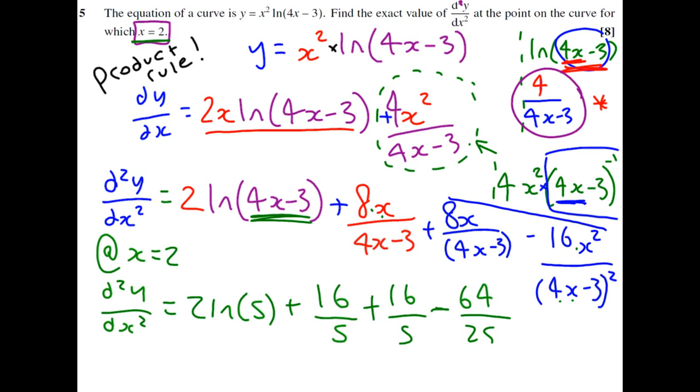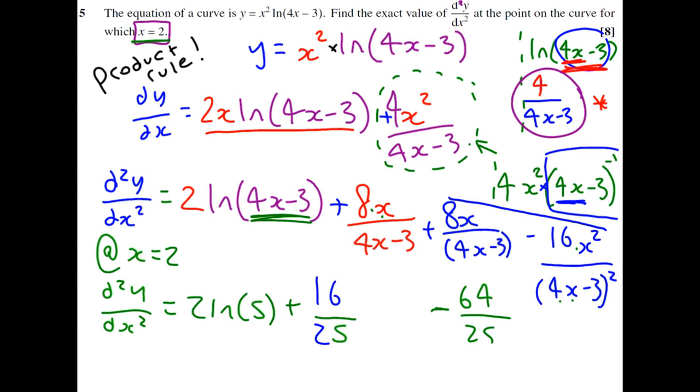Right, so let's get to simplifying this. 16 over 5, add 16 over 5. Well, we've got 2 lots of them, so it's just going to be 32 over 5. Now we want to combine these 2 fractions that we've got. So ideally we would want them both over 25. And 32 times by 5 is 160.